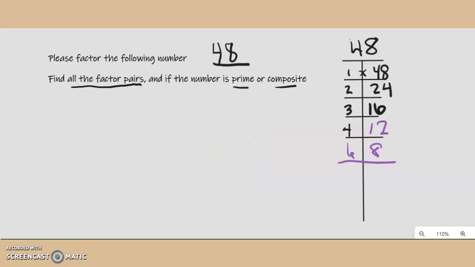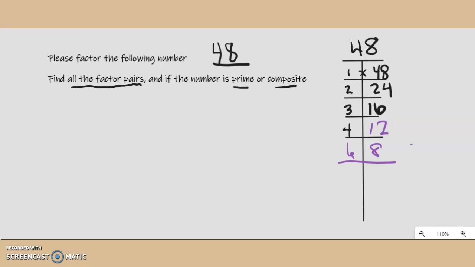And then 7, we're going to write that down, 7. 7 times 7 is 49. I know that. 7 times 6 equals 42. 7 will never work, so I'm not going to use 7. 8 will work because I already have it here, right there. 8 works right there. So I'm not going to use it because it's a double. Okay, so those are all the factor pairs of 48.